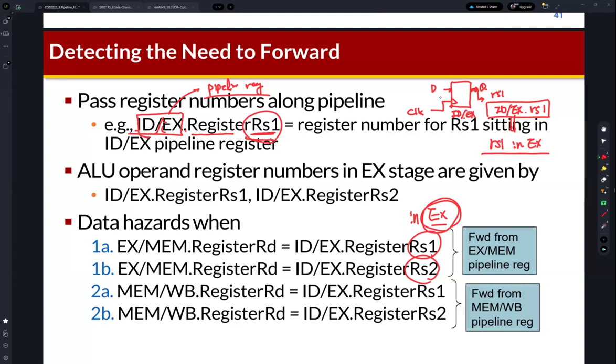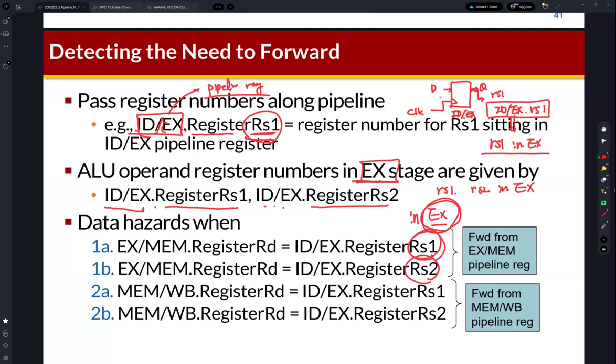The ALU operand register numbers in the EX stage are given by ID/EX.RS1 and ID/EX.RS2.